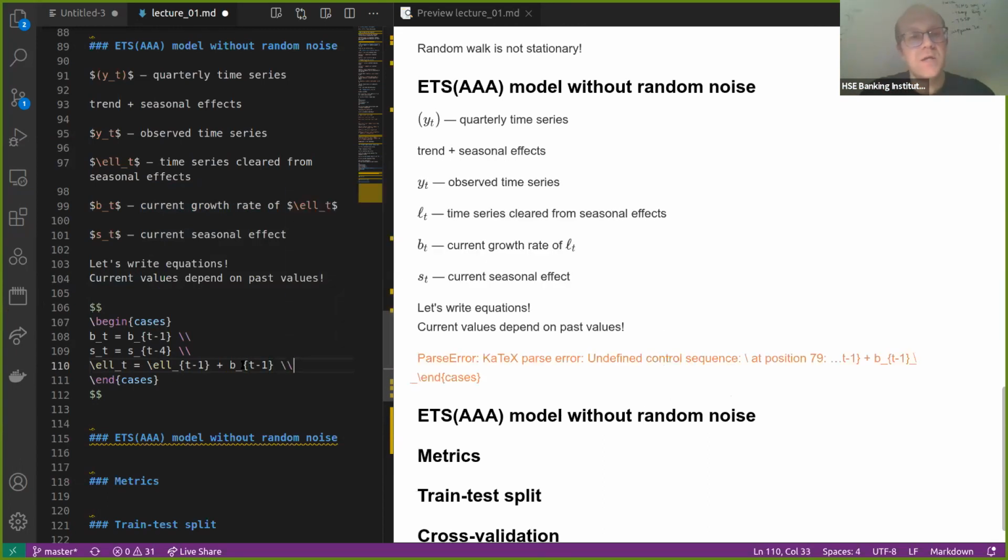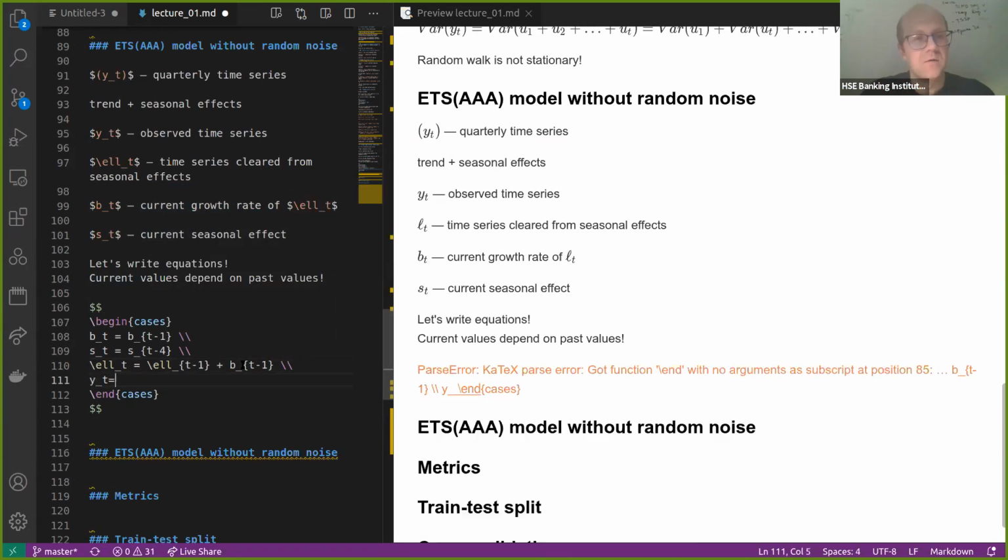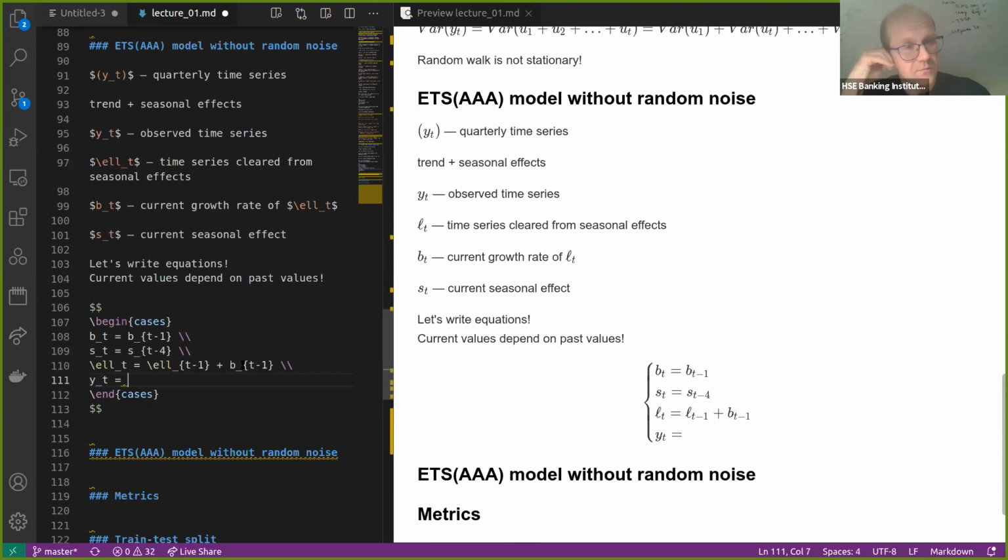And now the final equation, the equation for Y. Who can tell me the equation for Y? YT is not cleared from seasonal effects. So basically, I should add to current LT the corresponding seasonal effect.